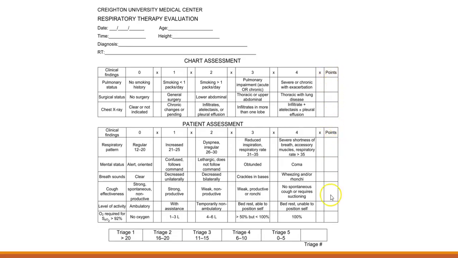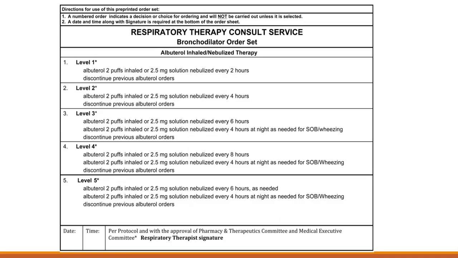You add up all of these points on the side, and you come up with a number. In this instance, they call it a triage number. And your triage number is 5, 4, 3, 2, 1 gets assigned. Now on the other side of this assessment tells us what we're doing with that.